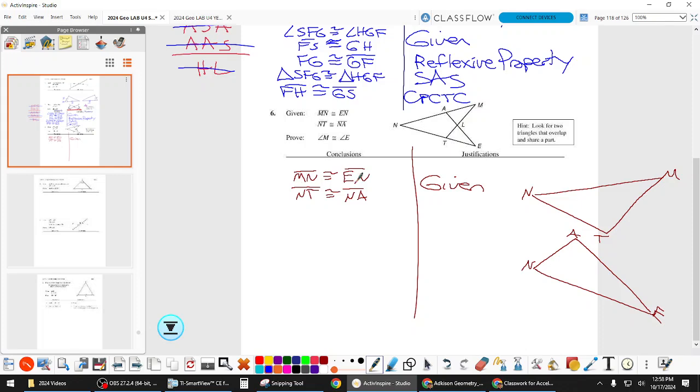So MN is there, EN is there, NT is there, NA is there. Okay? Notice we haven't even done a proof. All we've done is redraw our picture and mark the given.